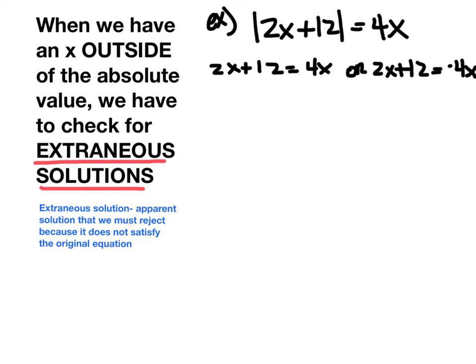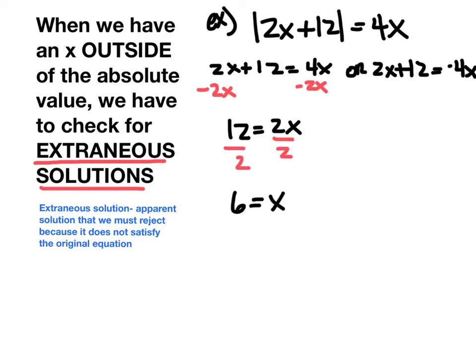Now, here I need to get my x's together, so I'm going to subtract 2x from both sides. And I have 12 is equal to 2x. Divide by 2. And x is equal to 6.